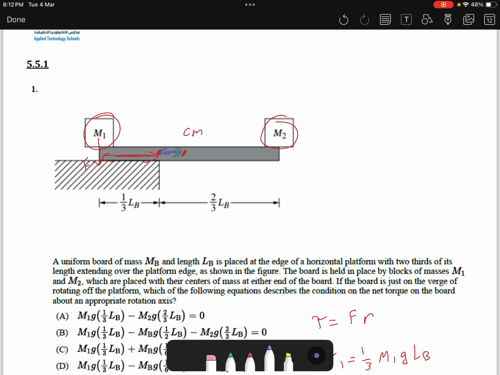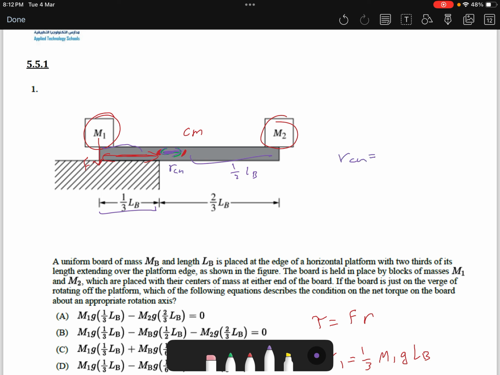Now, this part is 1 over 3 LB. No, sorry, this part is 1 over 2 LB. This is the middle of the board, right? So, the small distance here, let's call it RCM.